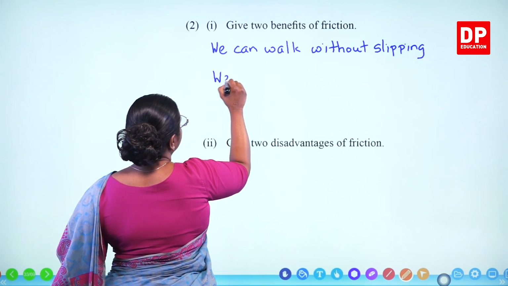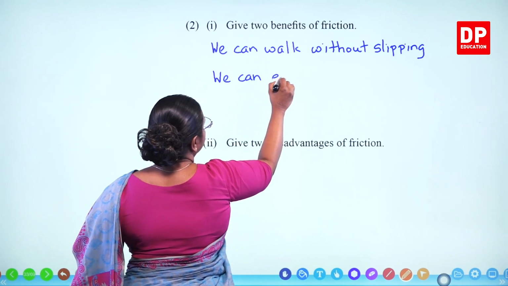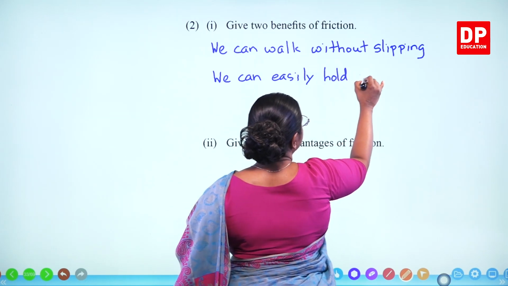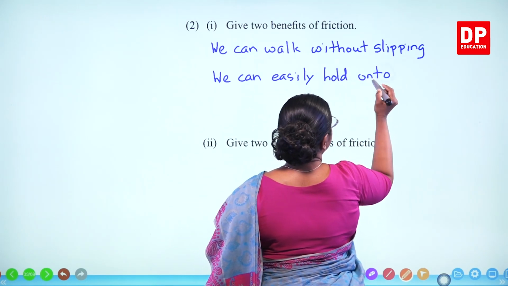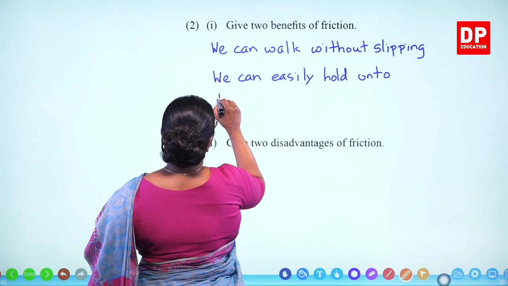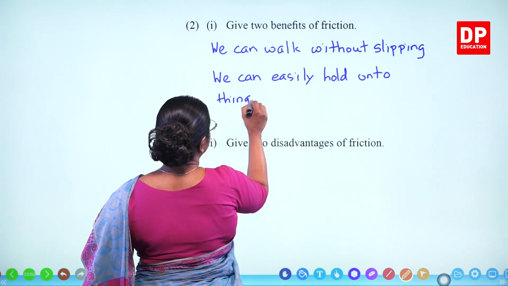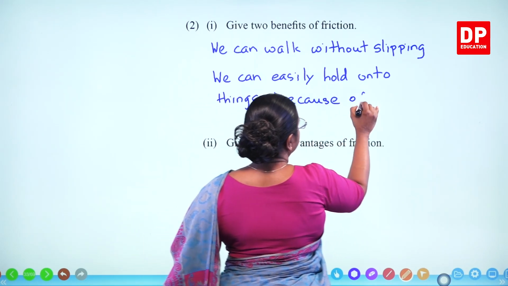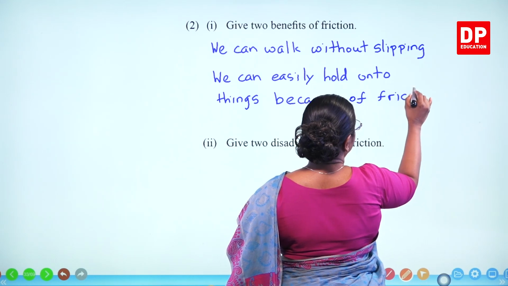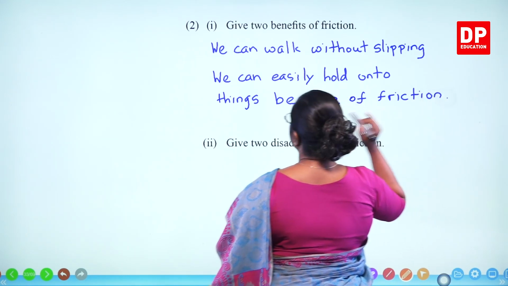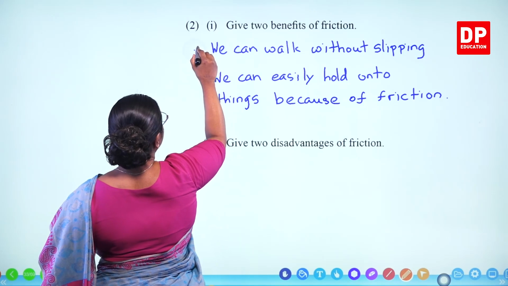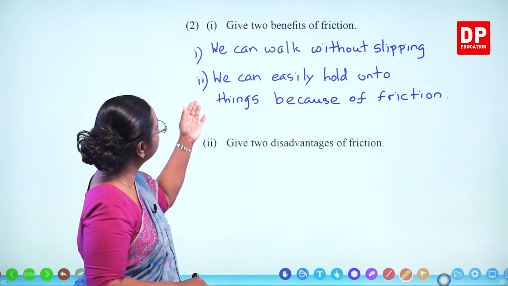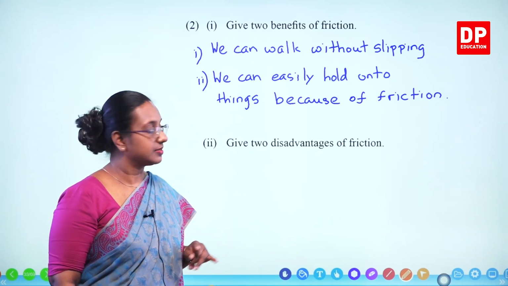Then we can easily hold on to things because of friction. So like this, you can give any two benefits. Here I have written these two benefits.